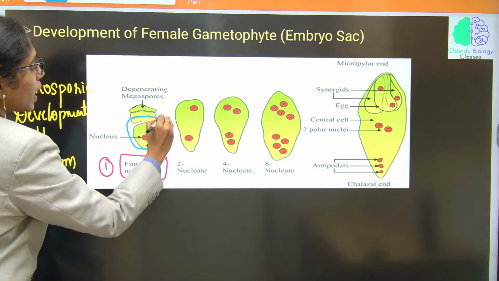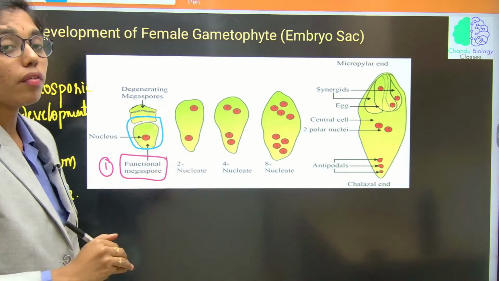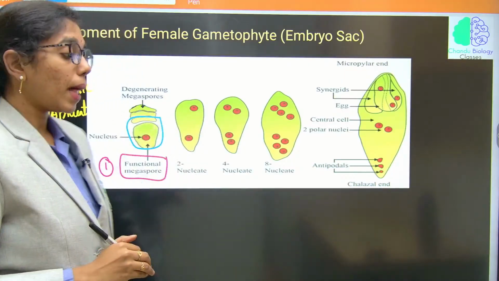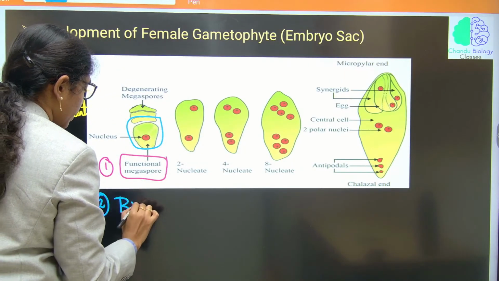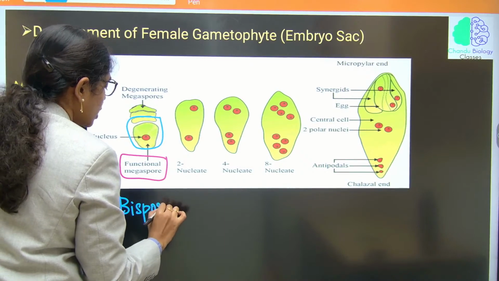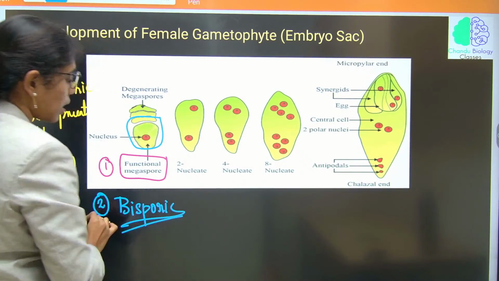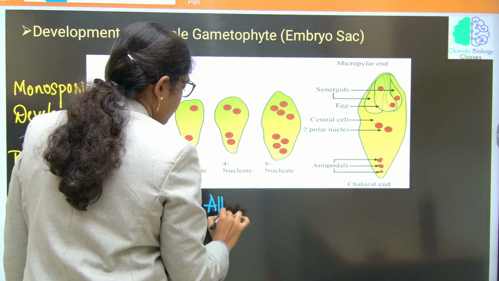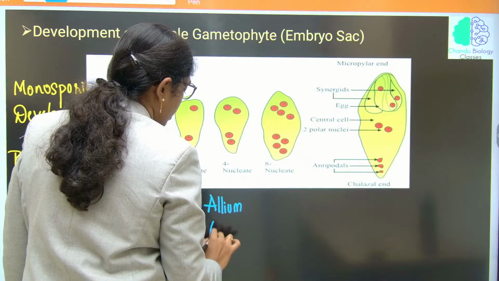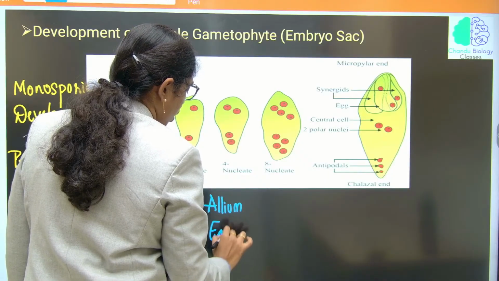Two functional megaspores leading to formation of a complete embryo sac is known as bisporic development. Bisporic development is seen in Allium, that is onion, and Endymion.